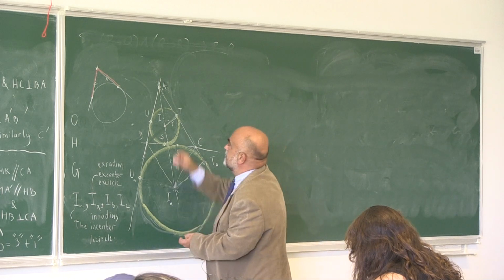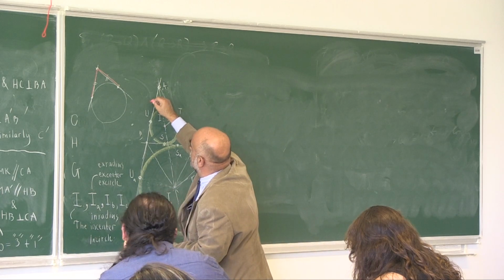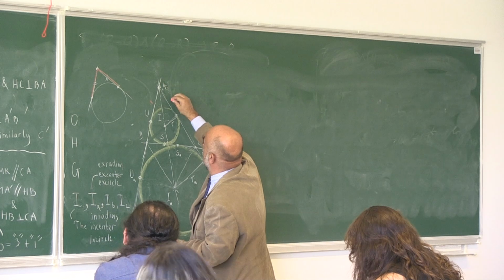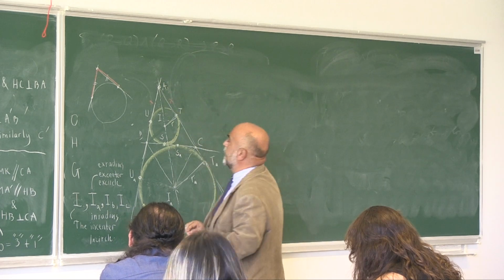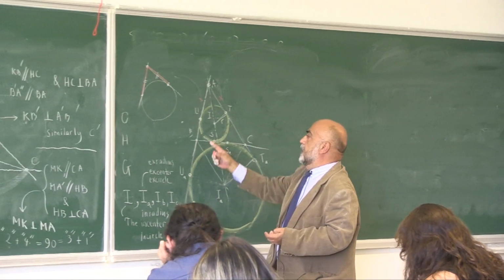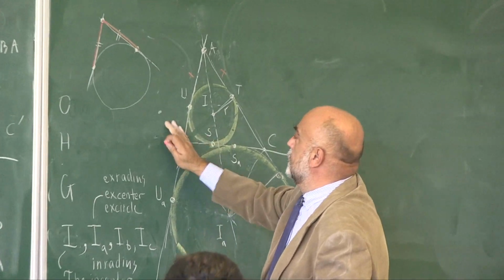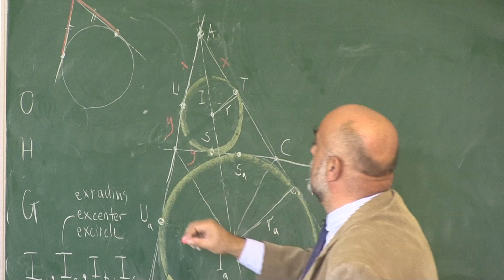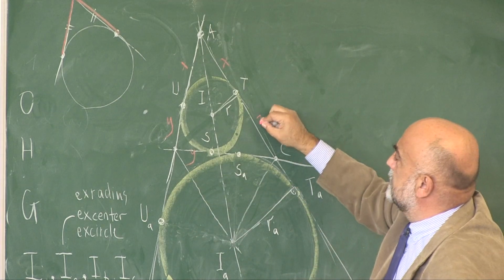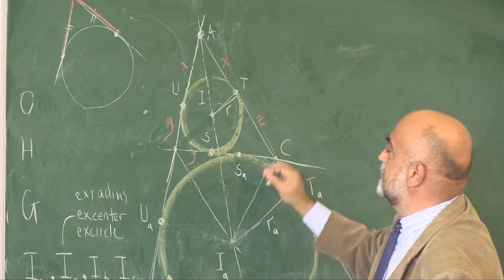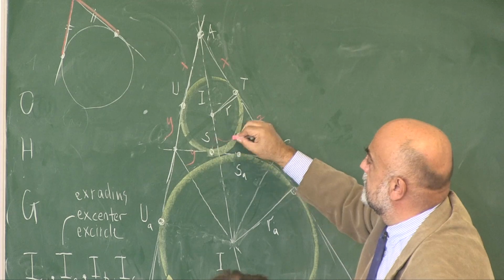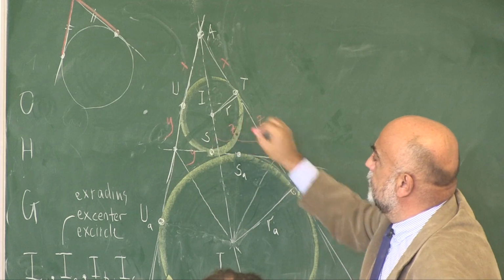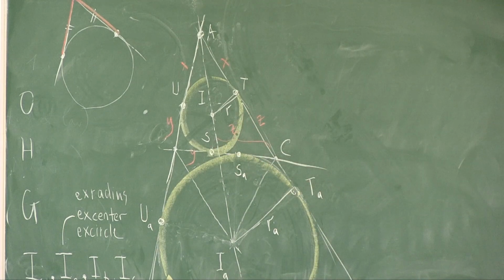So if I call AU x, AT is also x in length. If I call BU y, BS is also y, and if I call CT z, then CS must be z too.